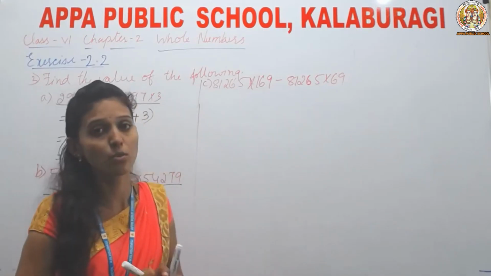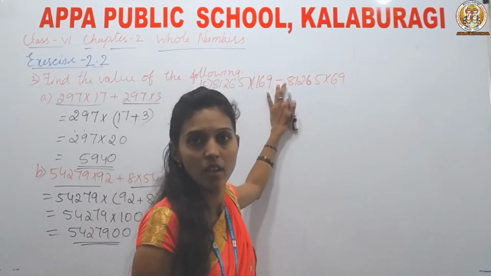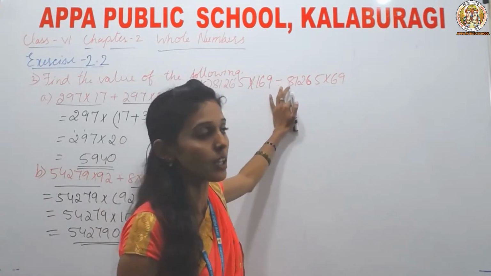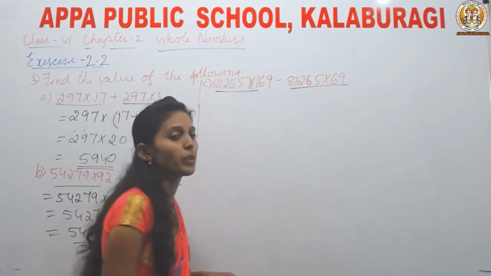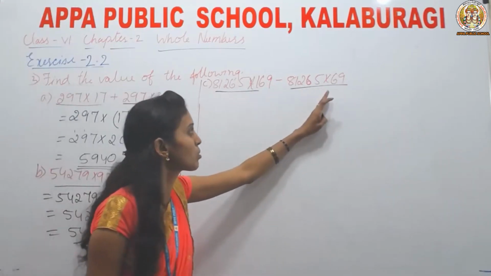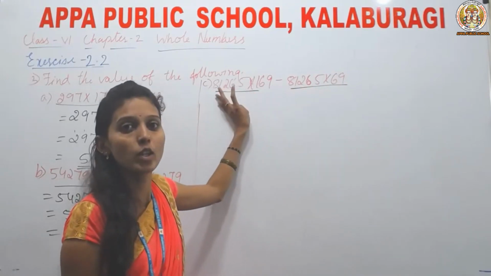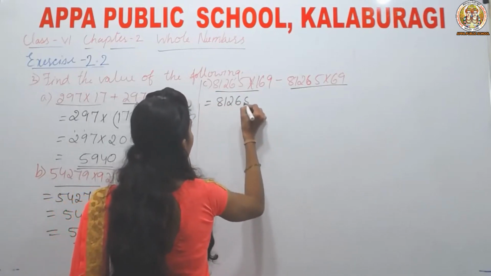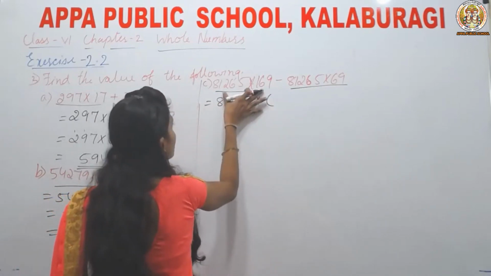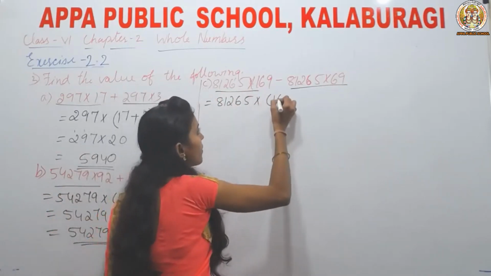Here we have distributivity of multiplication over subtraction, not addition. Here also we have two terms, and in those two terms we have a common term. So let us keep the common term outside: 81265 into 169, minus 69.